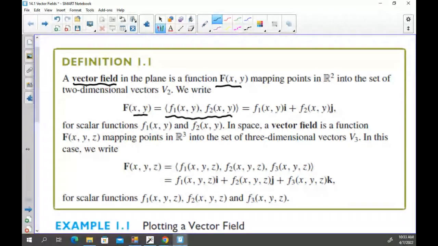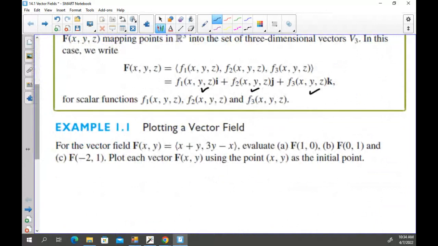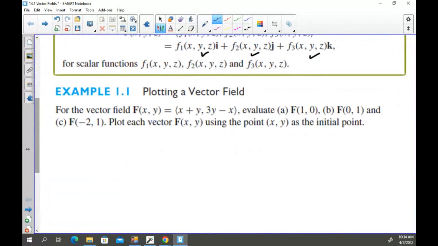In 3 dimensions, f of xyz is a vector, but of course with 3 components, f1, f2, and f3. So a vector field is a function whose value is a vector, either in the plane or in space. So here is an example of a vector field.